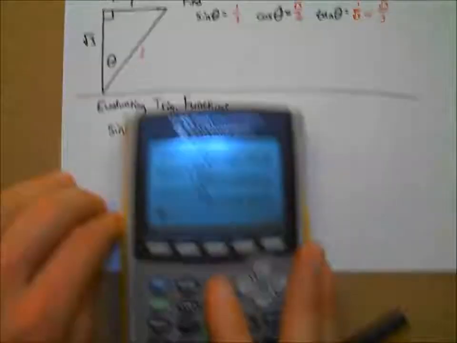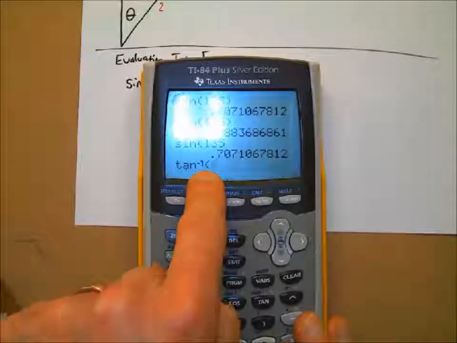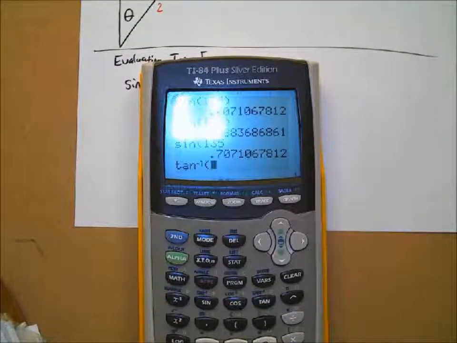Second tangent gets us tangent to the -1. We know when we raise something to the -1 power, that's the same thing as 1 over that thing. But actually what this command means is tangent inverse, or arctangent. We'll be using that in a later unit, not right now. So that's not going to help us.